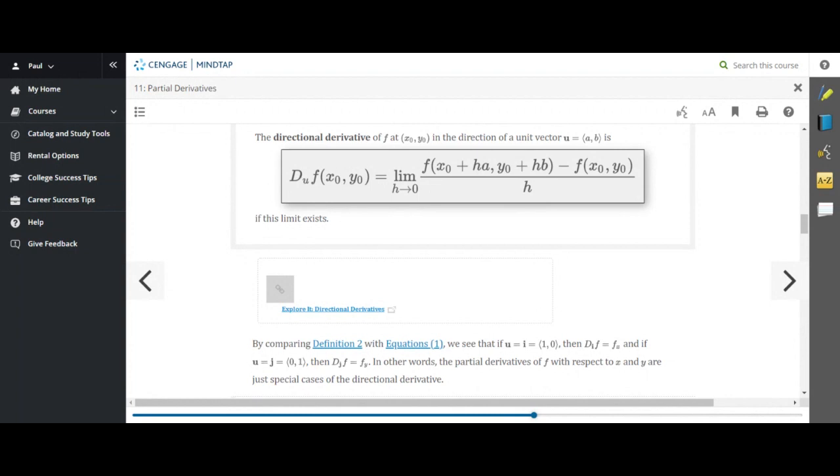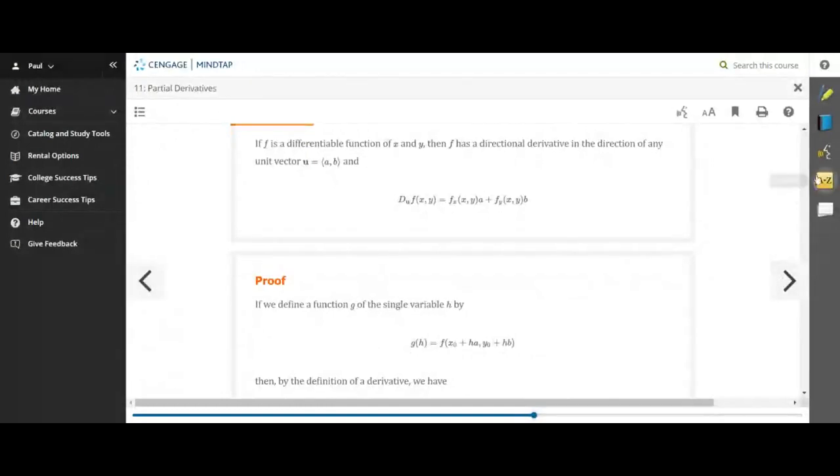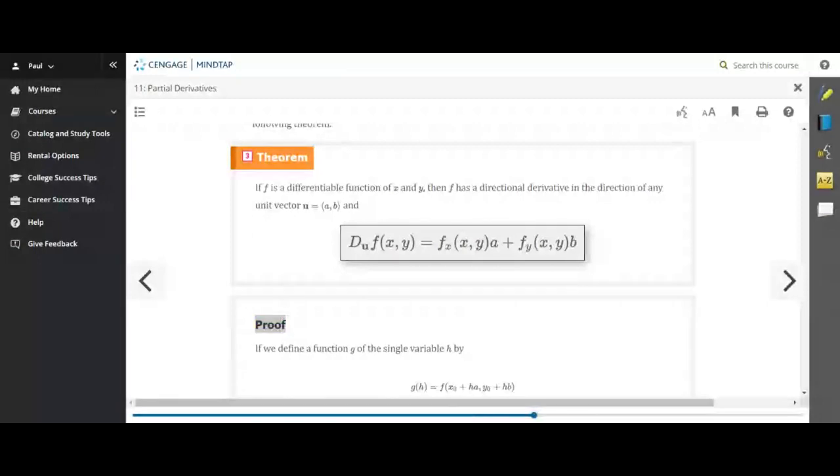We could use this definition to find values of the directional derivative, but it would be somewhat complicated. Fortunately, there is an easier way. That definition is actually proven. Here is the formula that we can use to find the directional derivative.